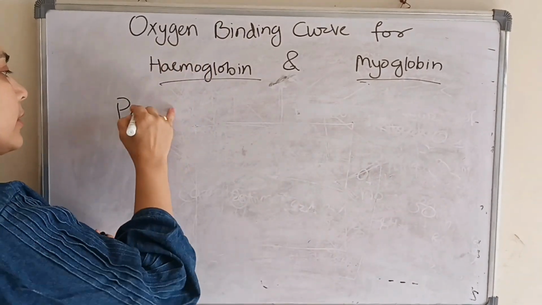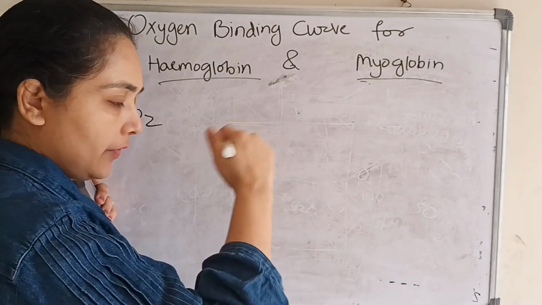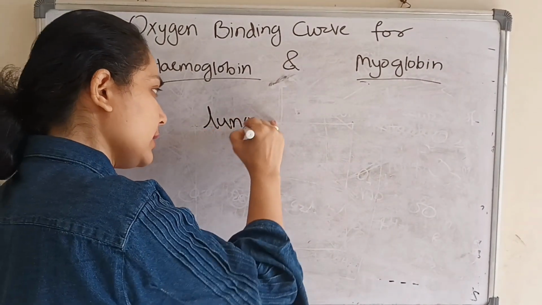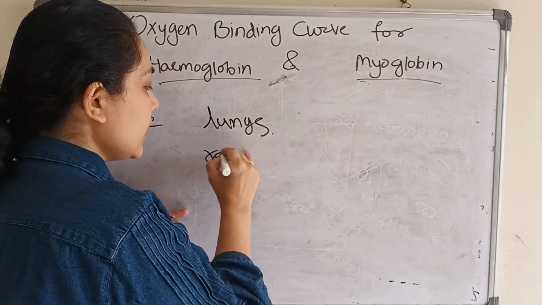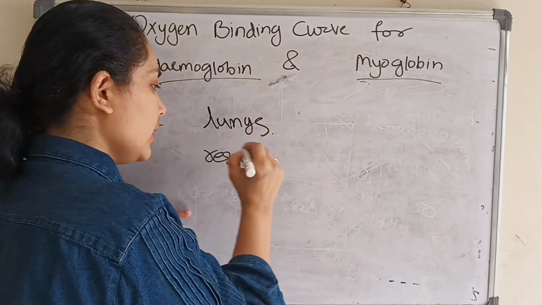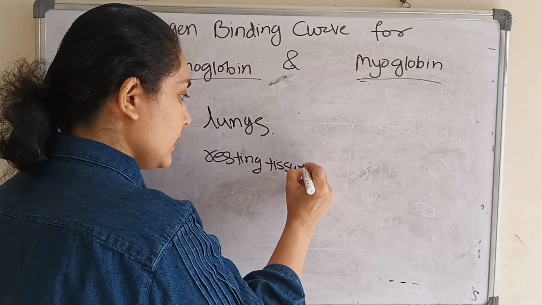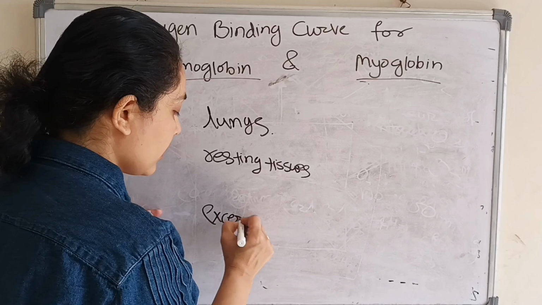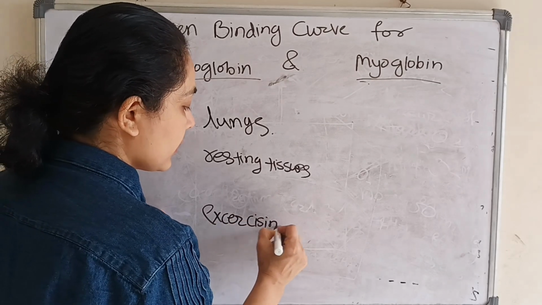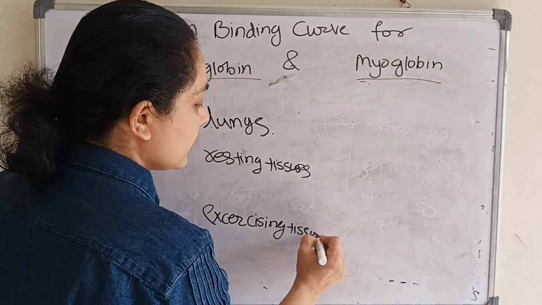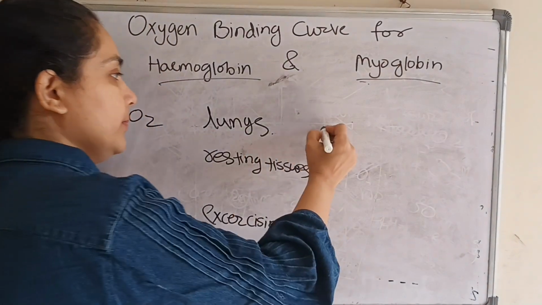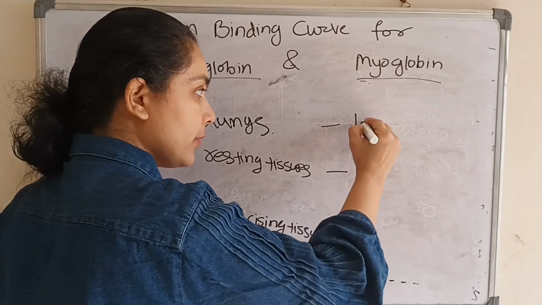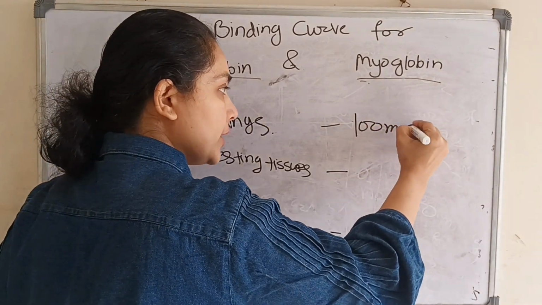PO2 we'll see at three different levels. First in the lungs, then in the resting tissues, which is not exercising, and the third is the exercising tissues. So in the lungs, the partial pressure of oxygen is 100 mm of Hg.